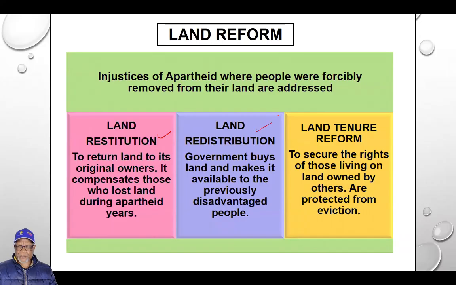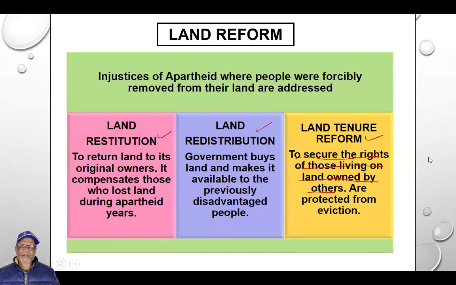Land redistribution is when previously disadvantaged people are given an opportunity to own land. That is land redistribution. And the land tenure is to secure the rights of those living on land owned by others. For an example, landlords cannot just overnight chase a person from their land.